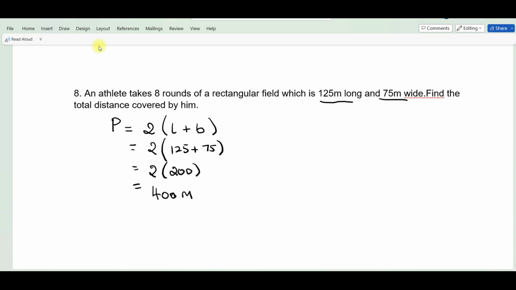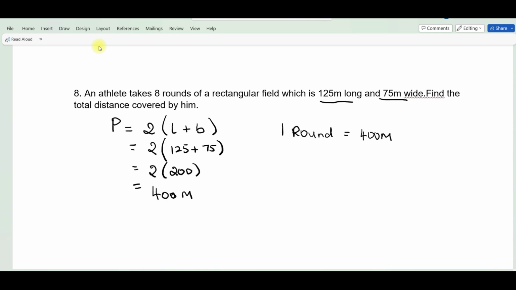Now we got the perimeter of one round. See, this is like one time. One round is 400 meters. Correct? If he starts running around the field for one round, it would be around 400 meters. Now they say the athlete is taking 8 rounds.